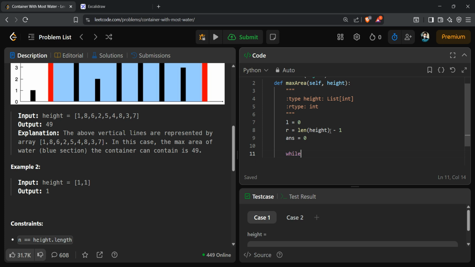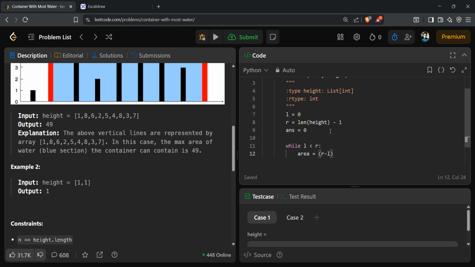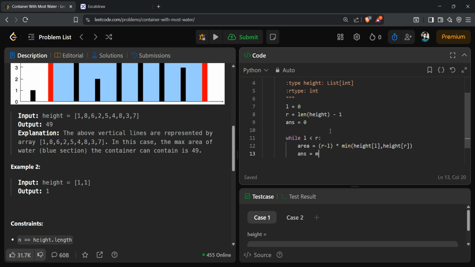Now while left is less than right, we calculate area equal to (R minus L) into the minimum of the two, that means min of height of L, comma, height of R. Now we update answer to the max of answer, comma, area.